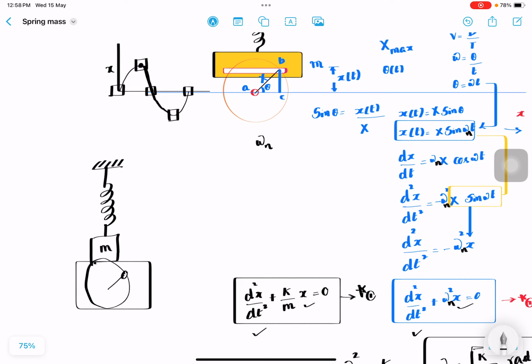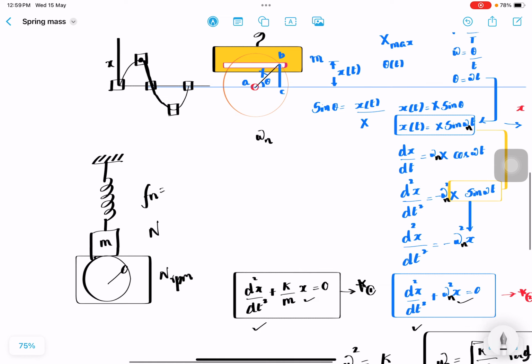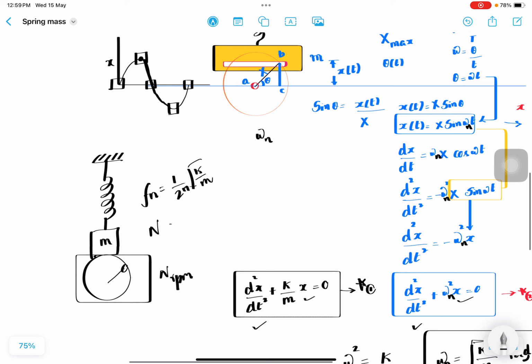Now when the RPM of the motor matches this natural frequency in cycles per second, which is given by 1 by 2 pi into root of k by m. Of course, if you want to convert this into cycles per minute, you multiply by 60. So that will be natural frequency in cycles per minute.